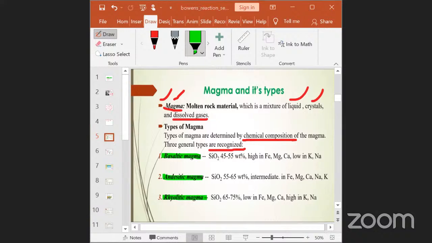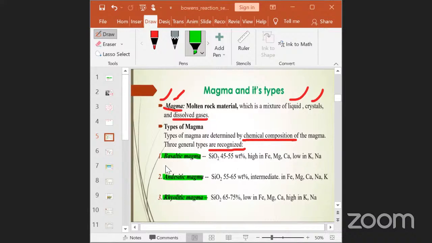So, magma is molten rock material, a mixture of liquid, crystals, and dissolved solids. Types of magma depend upon chemical composition, so there are different types of magma.